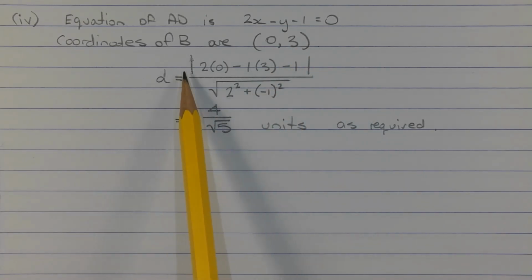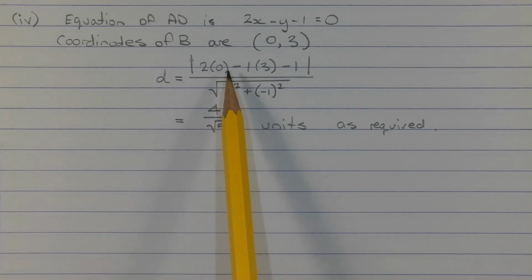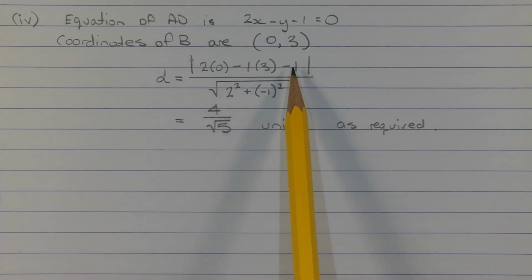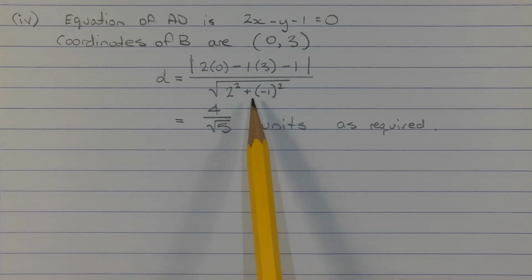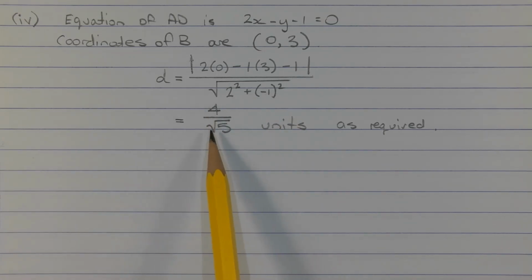So D is equal to the absolute value of 2 times 0 minus 1 times 3 minus 1 over the square root of 2 squared plus -1 in brackets squared. So the perpendicular distance is 4 over the square root of 5 units as required.